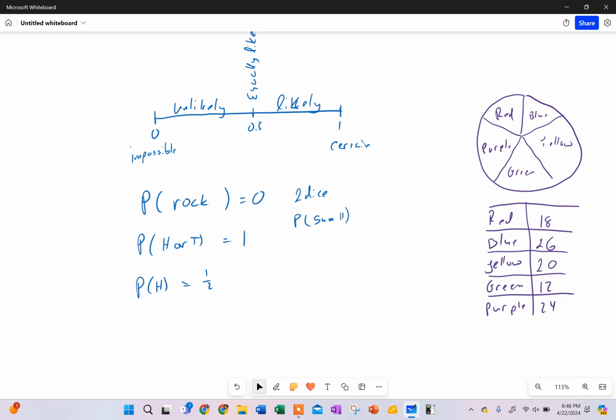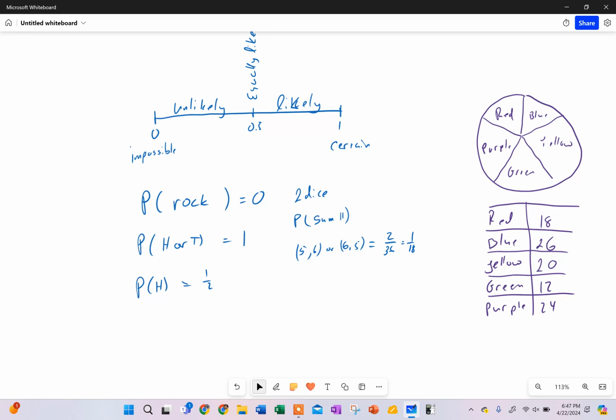The only way you can get 11 is a 5 and a 6, or a 6 and a 5. There's 36 different ways to roll 2 dice. So it's going to be 2 out of 36, which is 1 out of 18. That's very unlikely. It's unlikely that you're going to get an 11.